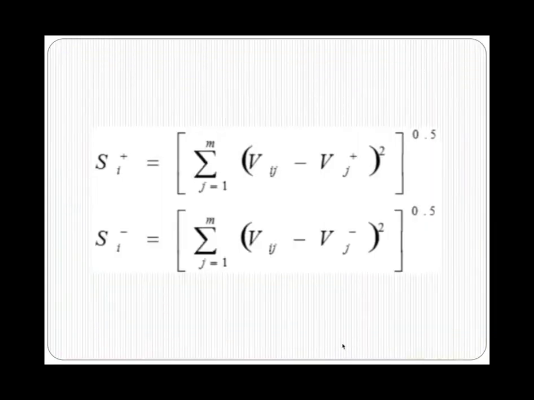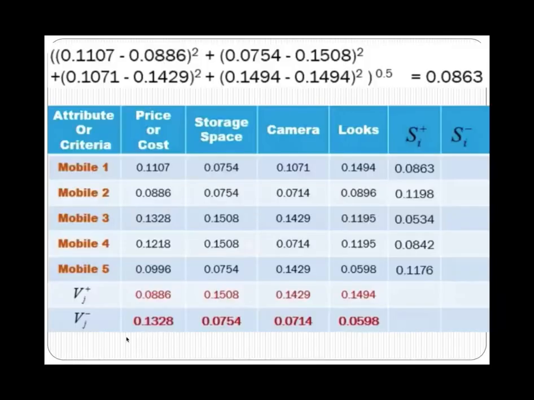Now we want to find out the geometric distance between the ideal value and actual value. How do you do this? We use these two formulas. For every mobile, let's say this is the first mobile, we look at Vj plus and subtract each value from Vj plus.